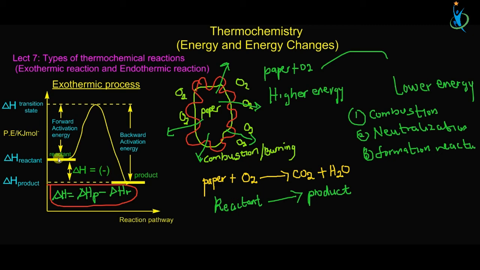Have you gotten that? Because the enthalpy value here is high compared to this. So assuming here is say 15 and here is 10, when I take 15 away from 10, I will get a negative value. And so in an exothermic process, the enthalpy change for the reaction is always negative.